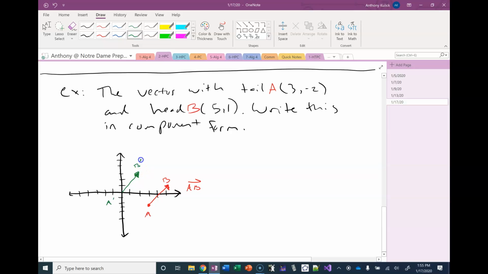So I need to be able to do that. Everybody's okay there? That's what I want to be able to do, right? How can we do that? This is just a transformation like we did in geometry, right?